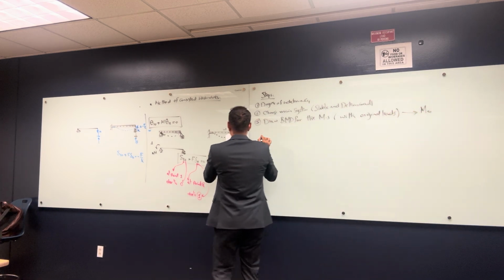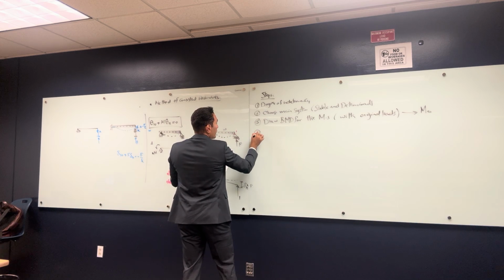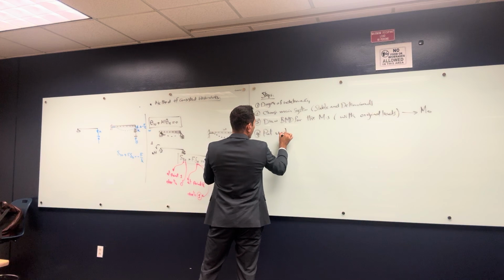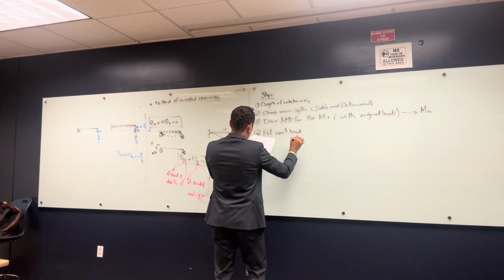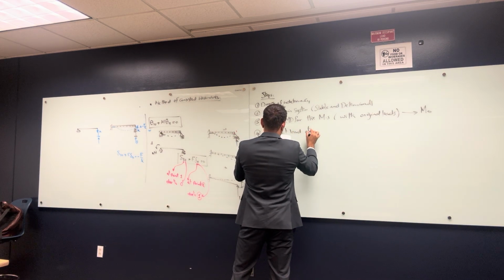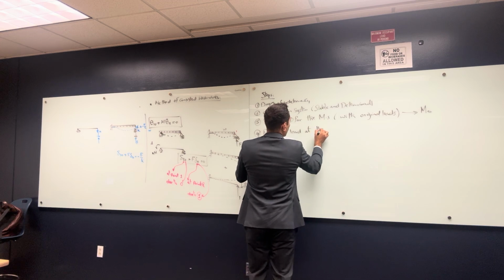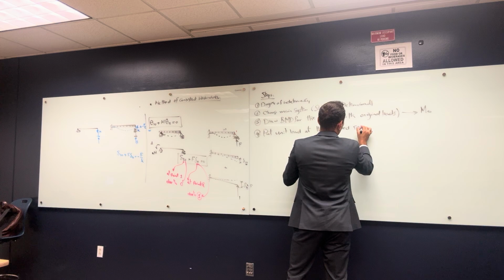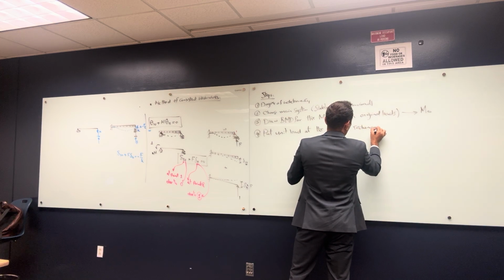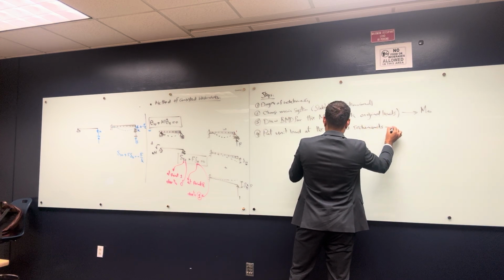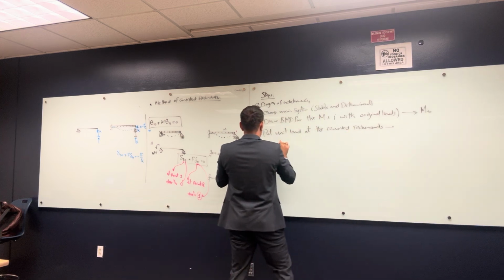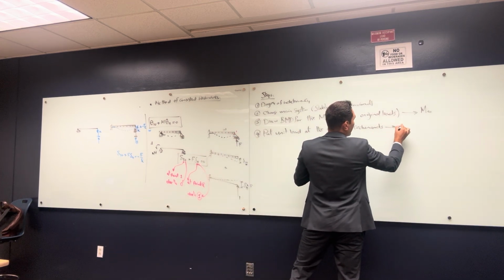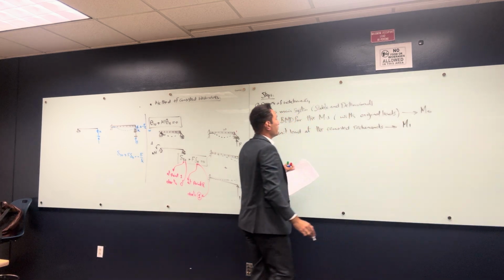All right? So number four, put unit load at the removed redundants. Then draw the bending moment diagram and then get what we call M1.